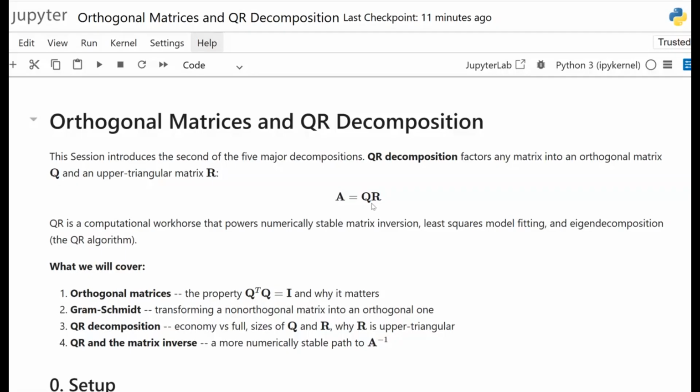And QR decomposition quietly powers least squares regression, matrix inversion, numerical optimization, eigenvalue algorithms, scientific computing. But that's only the beginning, because once we understand orthogonality and QR decomposition, we are ready for one of the greatest ideas in all of applied mathematics.